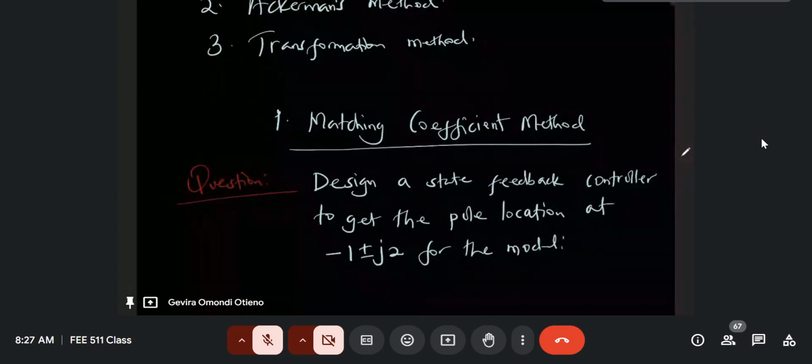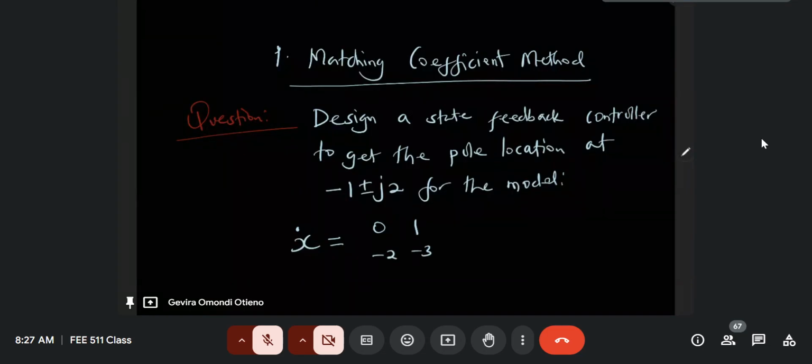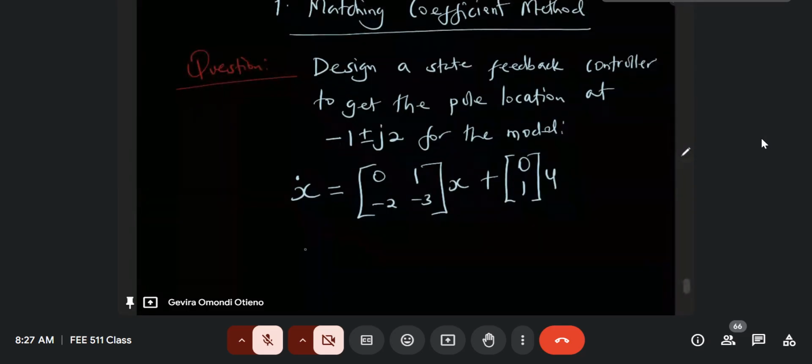Now that model is represented as the derivative of x equals 0, 1, minus 2, minus 3. This is a simple example because it's a 2 by 2, but we can always transition to a 3 by 3. The same principles apply. It's only that now the matrix order changes.